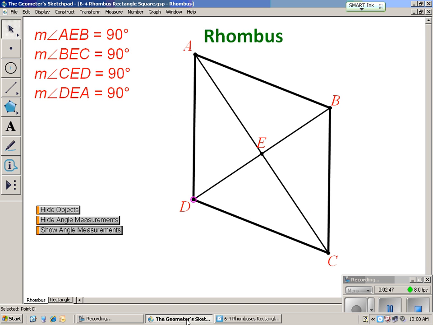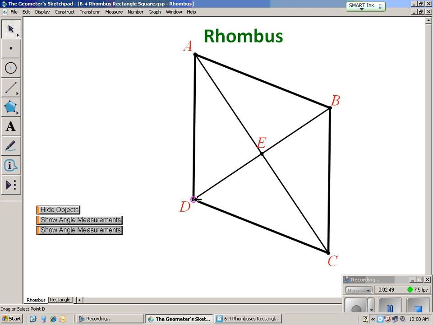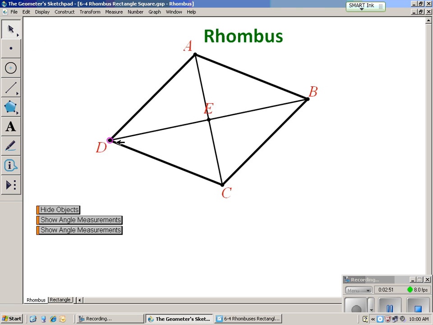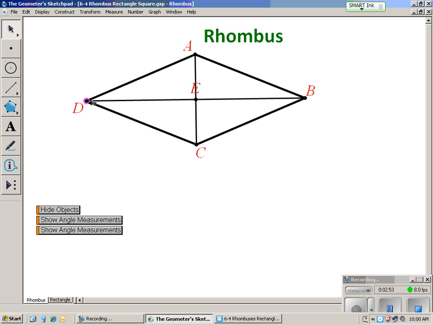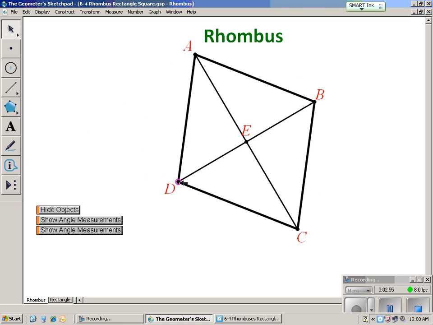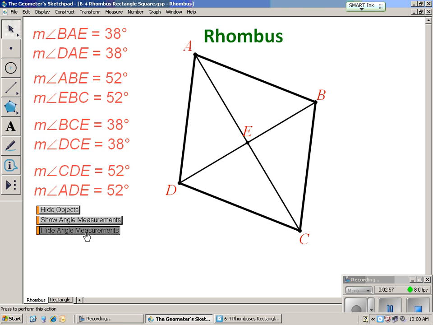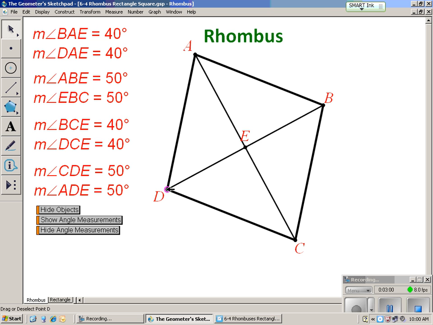The second property also has to do with angle measures and the diagonals. Let me draw in the angles. As I move this around, these angles always stay the same.